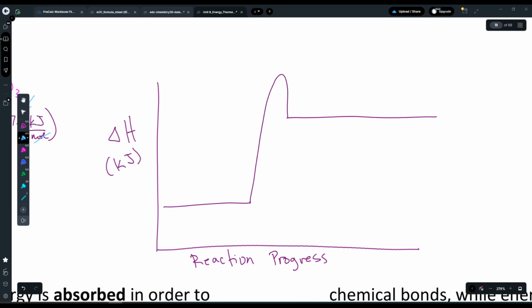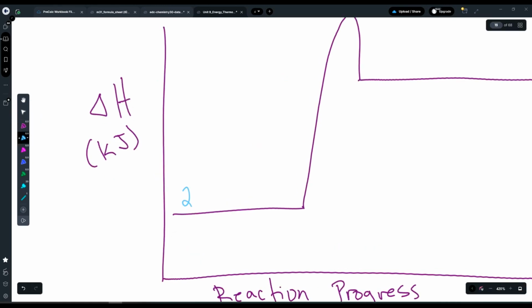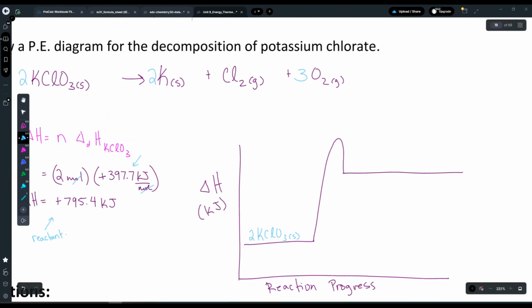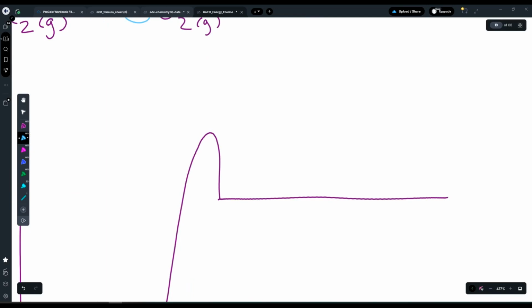There we go. So we've got our potassium chlorate, which, as a reminder, whenever you have an ionic compound at room temperature, unless the question says otherwise, you can assume it's going to be solid at room temperature.